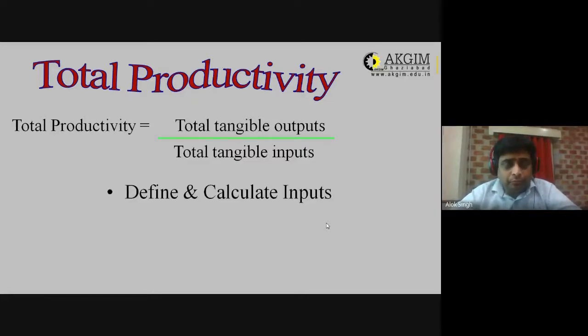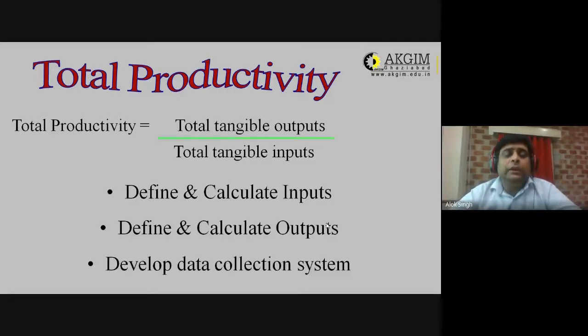For that you need to define and calculate all the factors of input, define and calculate all the outputs, and develop the data collection system. What is a data collection system? It means what data you need basically to develop some product. In terms of total productivity, you will first extract the customer related information.